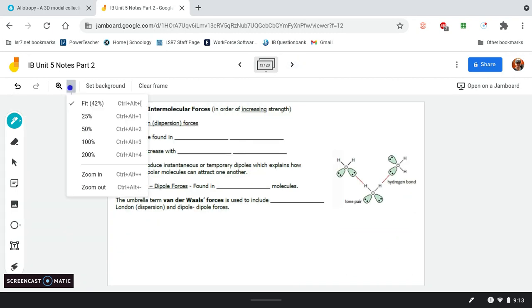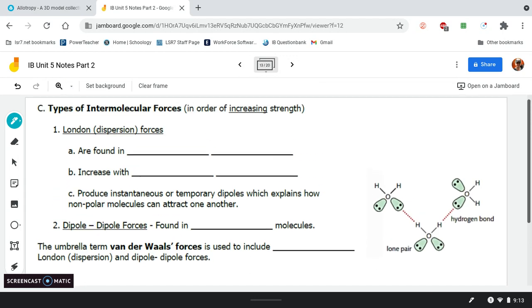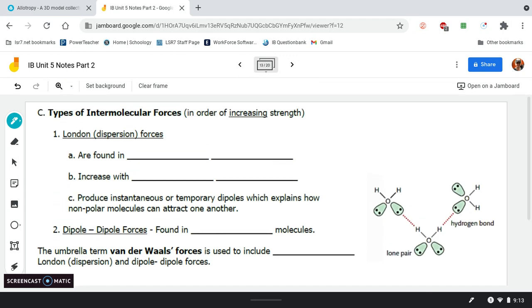So here we go. Types of intermolecular forces. So the first type is the London forces, and these are the weakest. How do you tell if you have London forces?